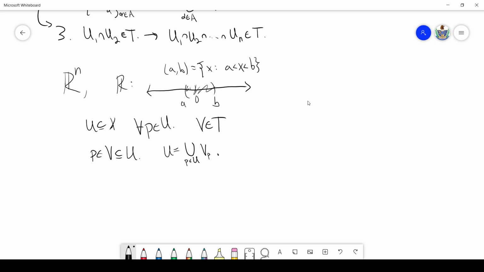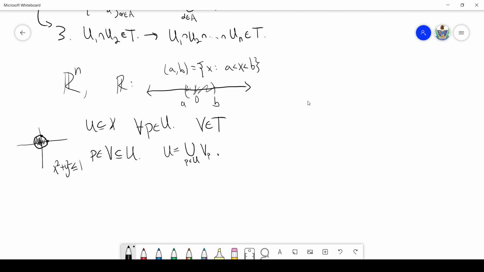So an example: if we consider the real plane, the Euclidean plane, and this region, x squared plus y squared is less than or equal to 1, this is not an open set.